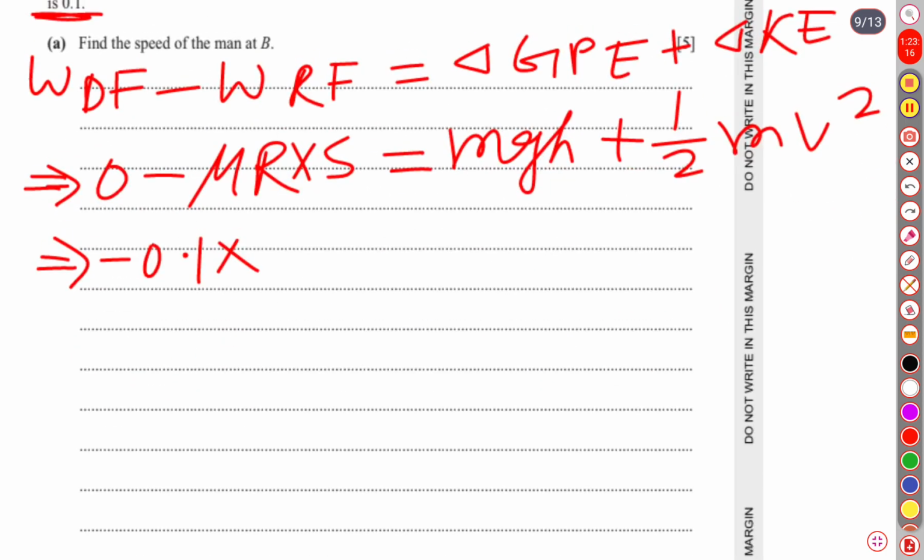So it is going to be 0.1 into R is 480, and displacement is 5 meter. Mass of the person was 80 kg, and acceleration due to gravity is 10. Now h.